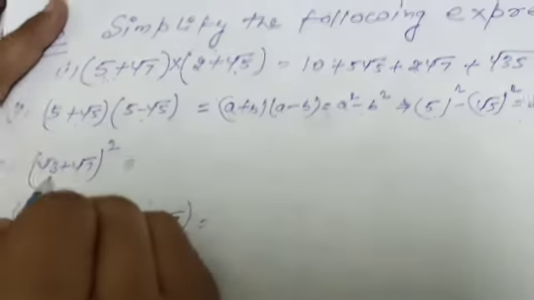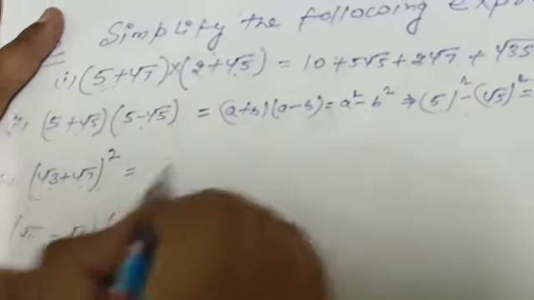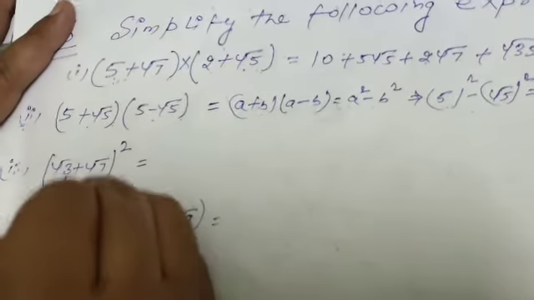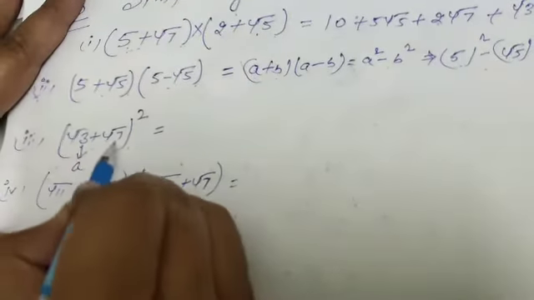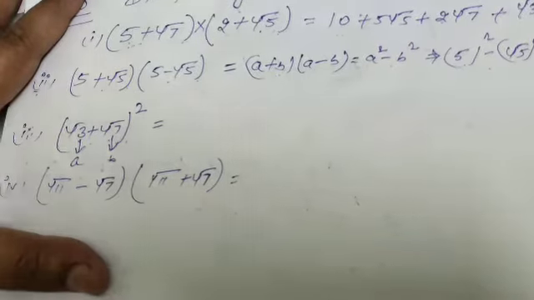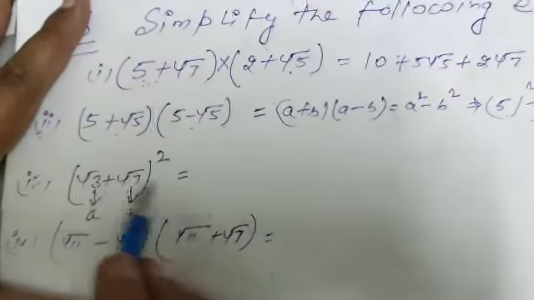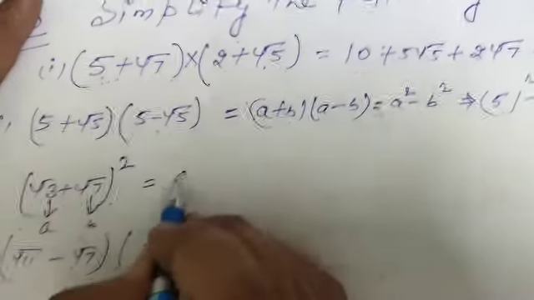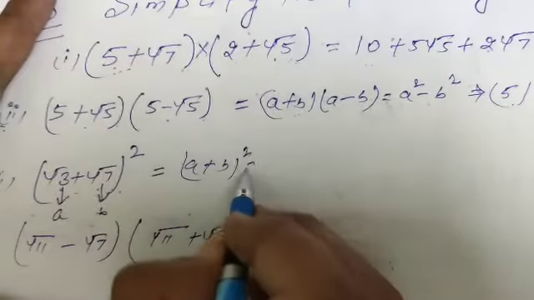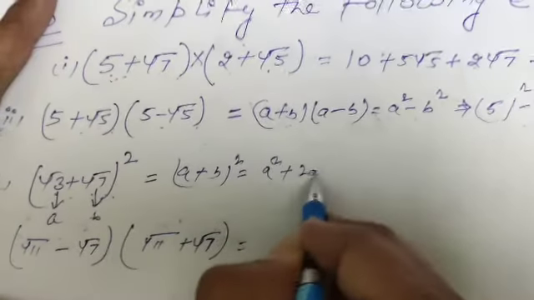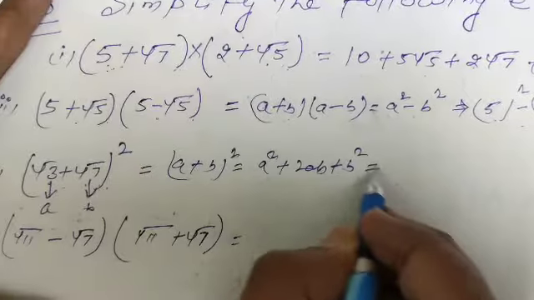What is this? Root 3 plus root 7 whole square. Here we can assume a as root 3 and b as root 7. Clear? So what we can write is a plus b whole square equals a square plus 2ab plus b square.